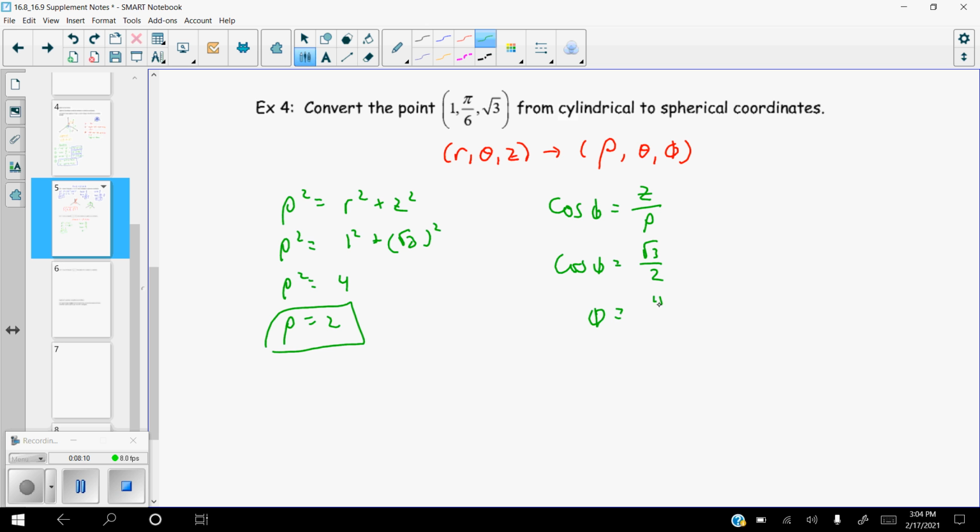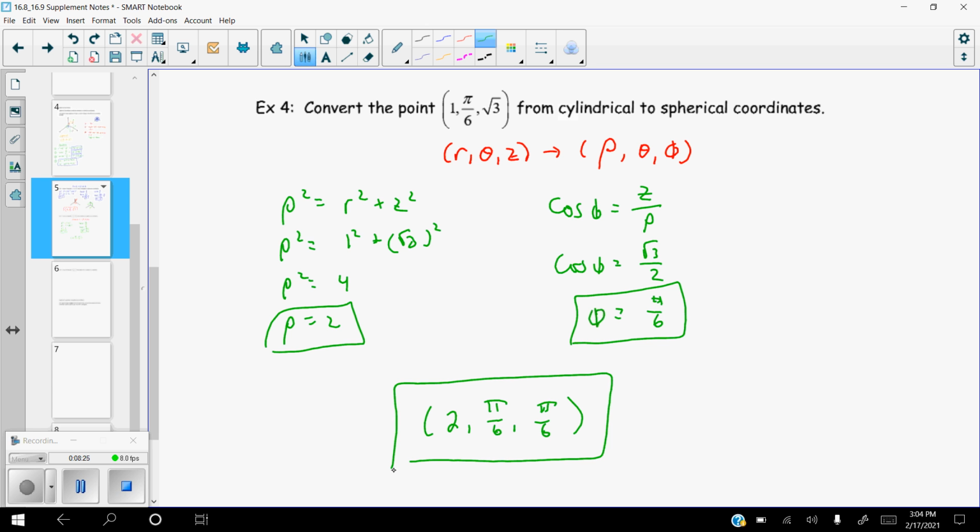That's going to give us pi/6. And we already have theta. So our spherical coordinate becomes (2, pi/6, pi/6). Like I said, I do not expect you to be as quick as I am at this right now because I've done this for a long time, but you'll get used to it after you use these enough.